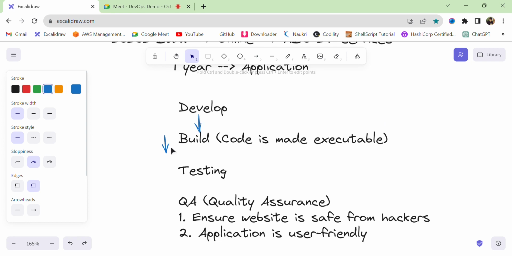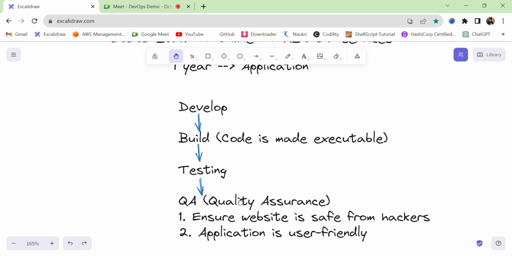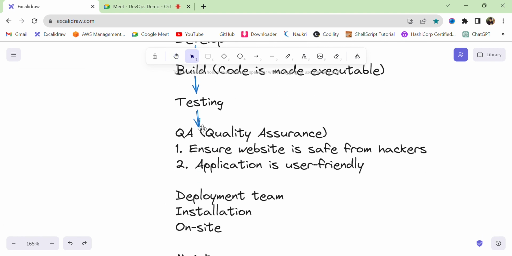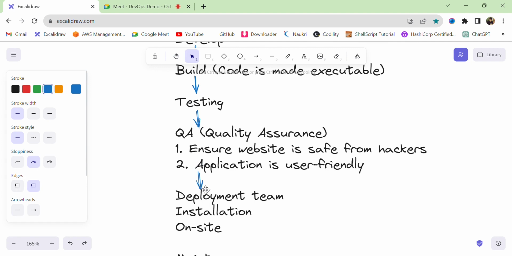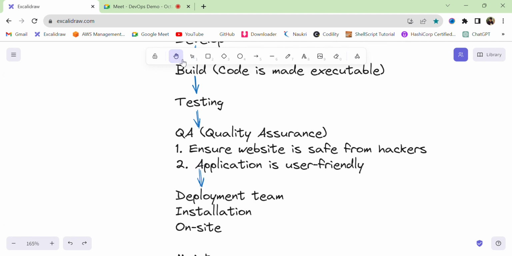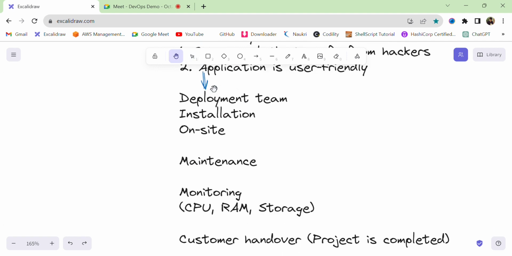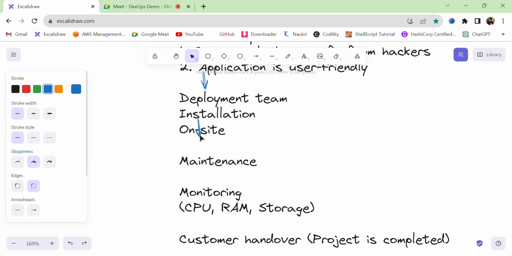So right from development to the build to the testing, there are many stages that are performed in any IT company. So these are the several stages that are used, we can say. Okay, so these are the processes that are followed.